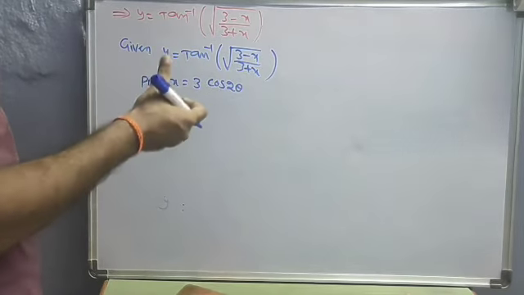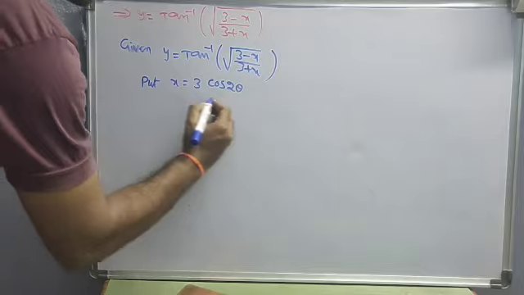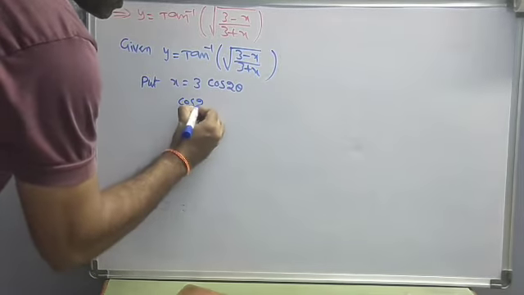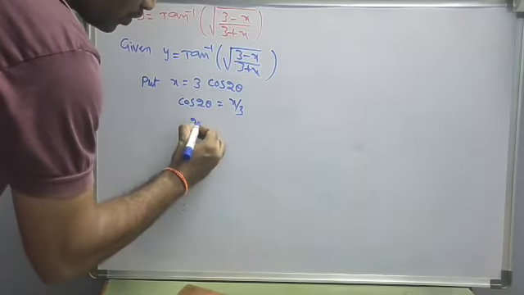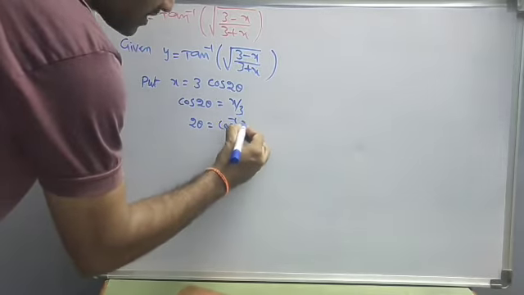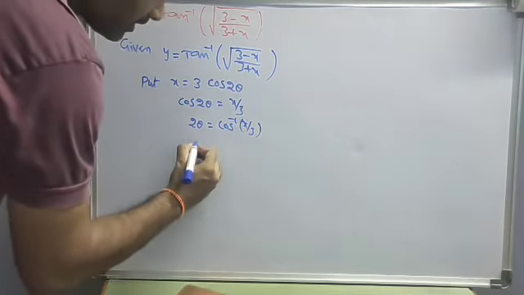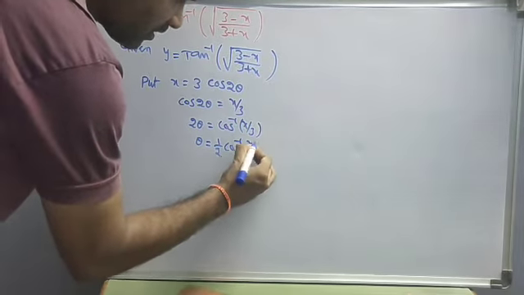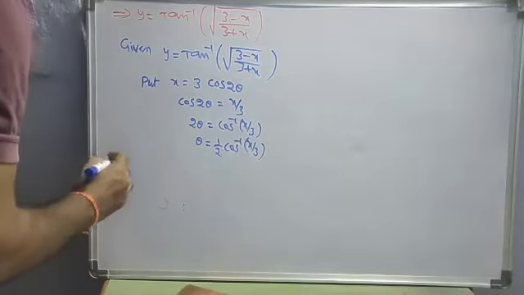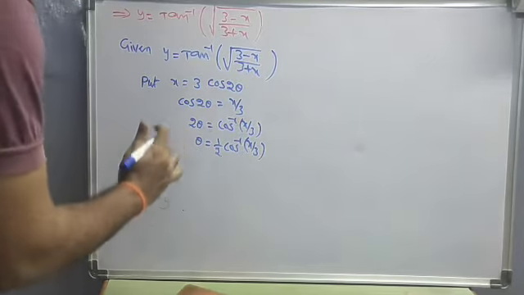Here I am taking cos 2 theta. So cos 2 theta equals x by 3, 2 theta equals cos inverse of x by 3, theta equals 1 by 2 into cos inverse of x by 3. So this is our rough work.